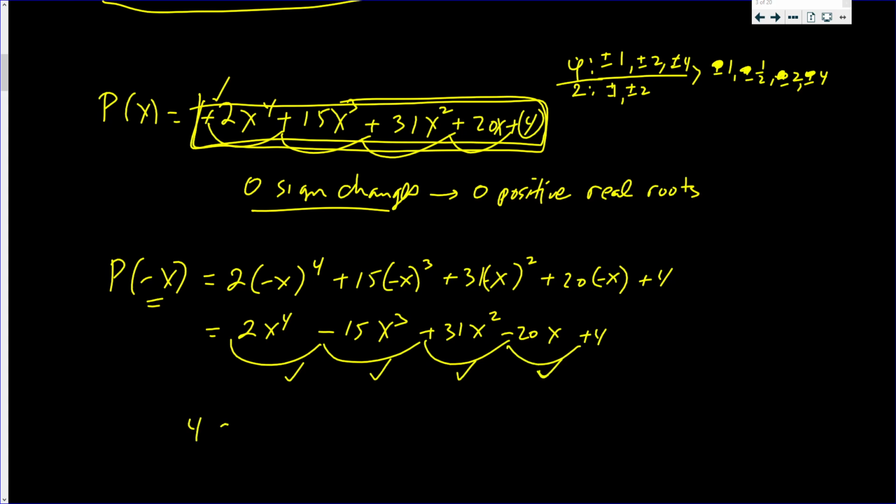So we have 4 sign changes. That means 4, go down 2, go down 2, stop at 0. There are 4, 2, or 0 negative real roots.